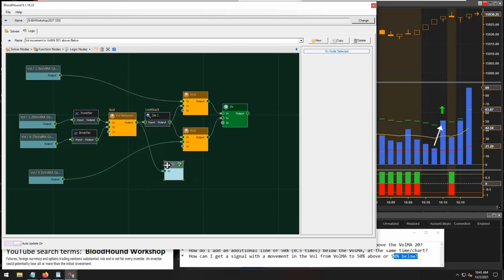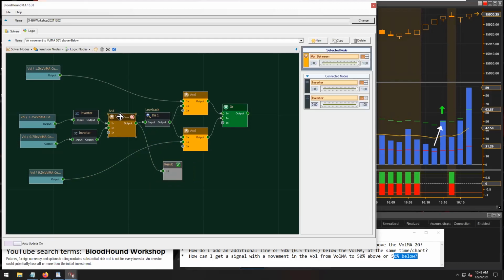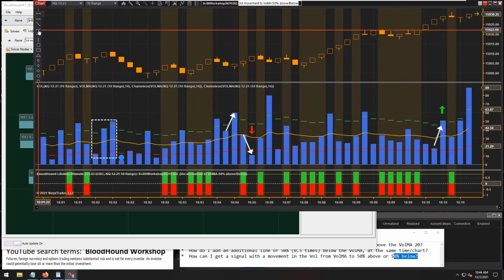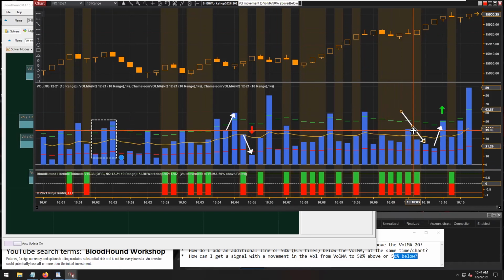So remember, I named this AND node volume in between. If we look at it, this is telling us when volume is inside the range. And so now, let's see if I can find an example. Yeah, here we go. So there we go. We can see here there's no output because volume is slightly below that narrower range.